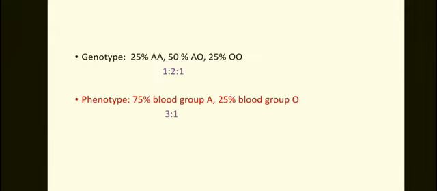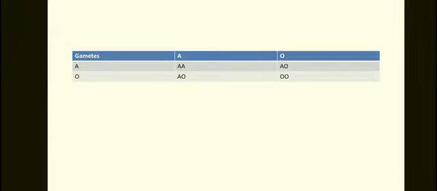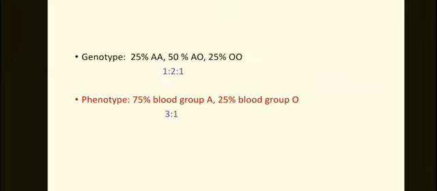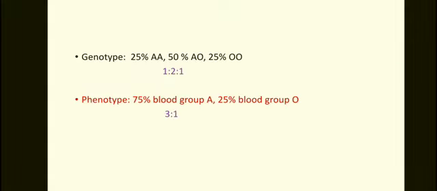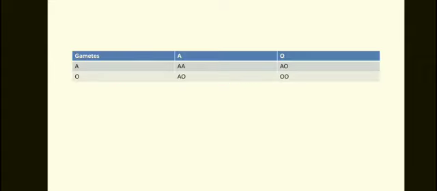So we can analyze the phenotype here. But before we even analyze the phenotype, let us analyze the genotype. So the genotype is 25% blood group AA, just one rectangle, so that's 25%. 50% blood group AO, so we have AO twice, that's 25 plus 25, 50%.